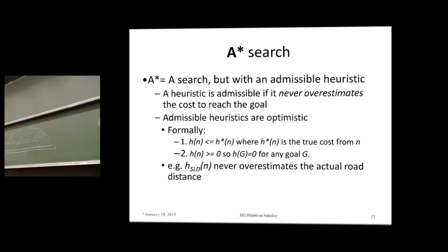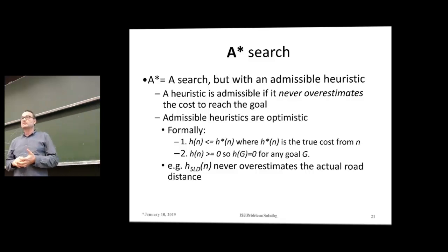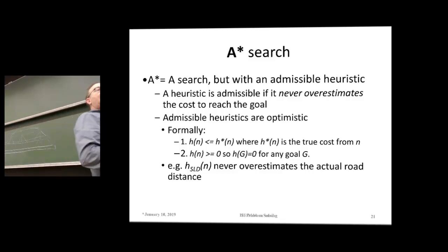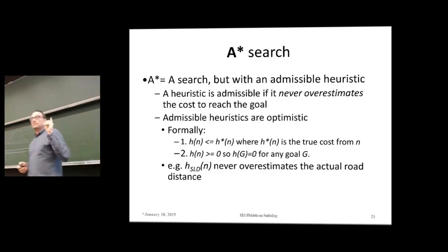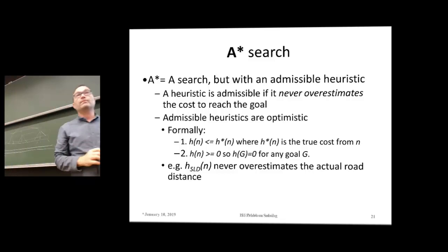And then there is this A star algorithm, which is basically exactly the same as the A algorithm. The algorithm works exactly the same way. So A star is a subclass of the A algorithms where the heuristic function has a specific property. The specific property is that it has to be admissible in the sense that it never overestimates the cost to reach the goal.